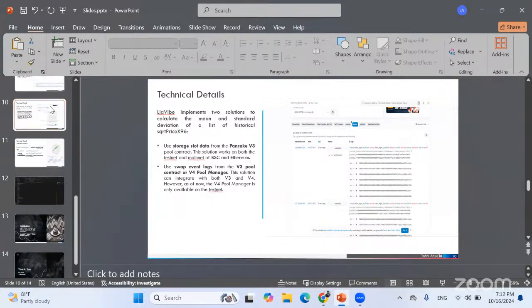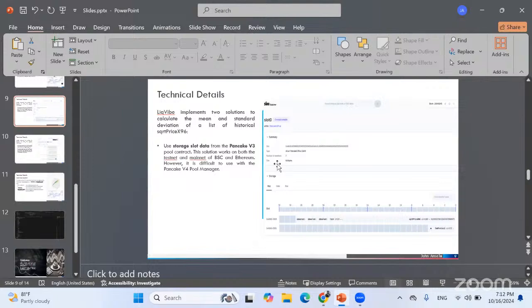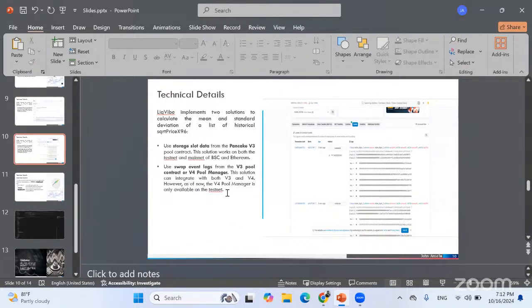Okay. This is a storage slot data. You can see a square price x96 here, and this is a swap event logs we show in the presentation. And just to clarify, you're using Brevis SDK to calculate the mean and standard deviation of the price.